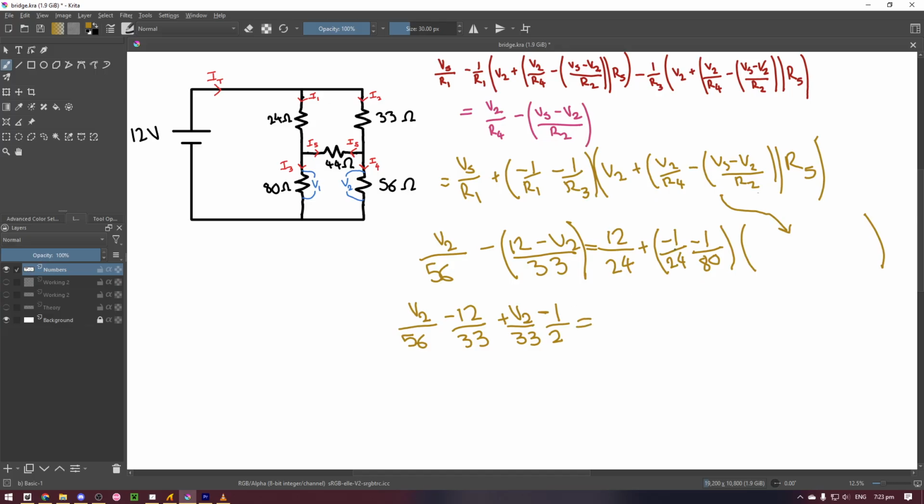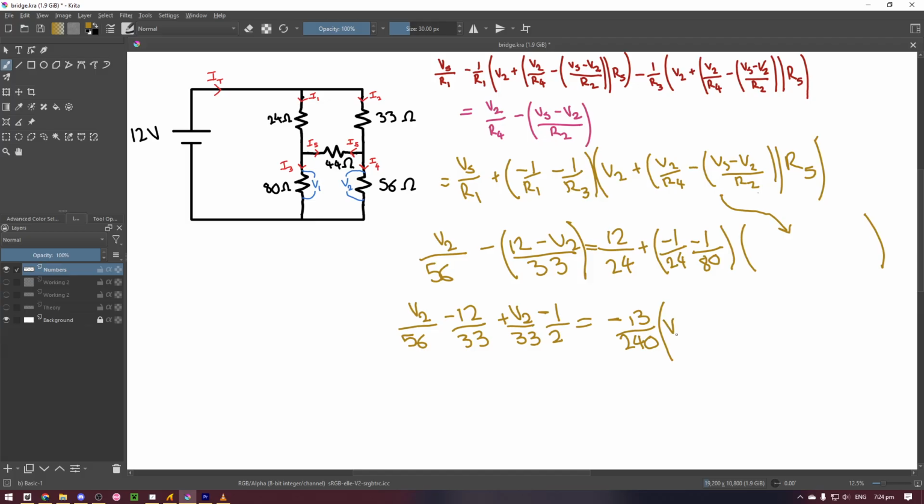equals minus 1 over 24 minus 1 over 80 is minus 13 over 240. In the bracket, I'll also substitute the values in.